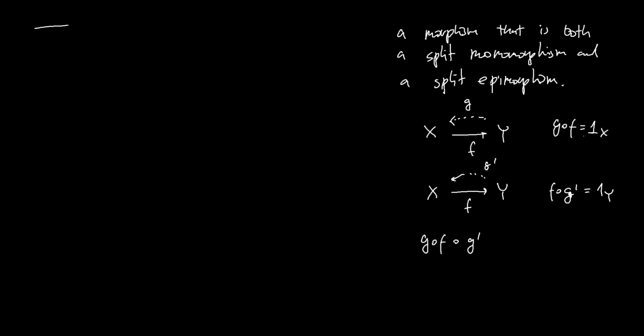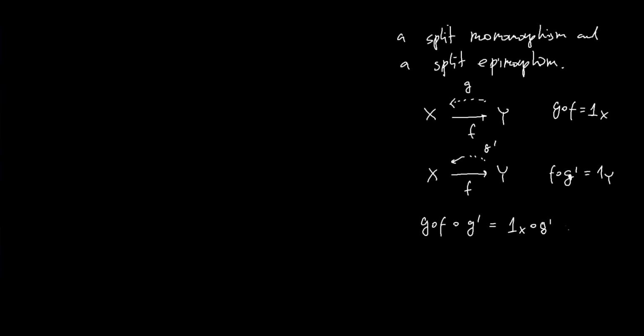That will give you the identity of X composed with G prime, which is equal to G prime. But this one can be now composed in the other order, which will give us G composed with the identity of Y, and so that is equal to G. So you see that G will end up being equal to G prime.